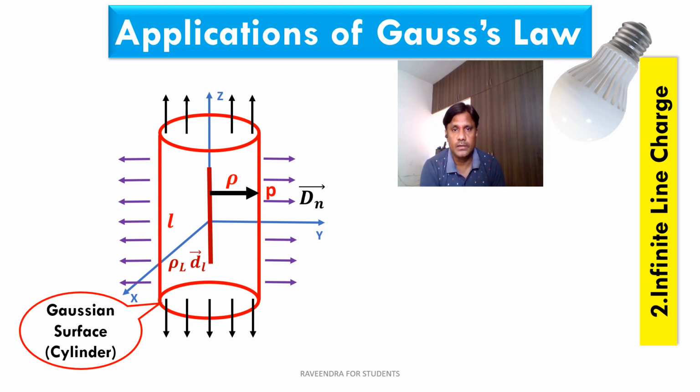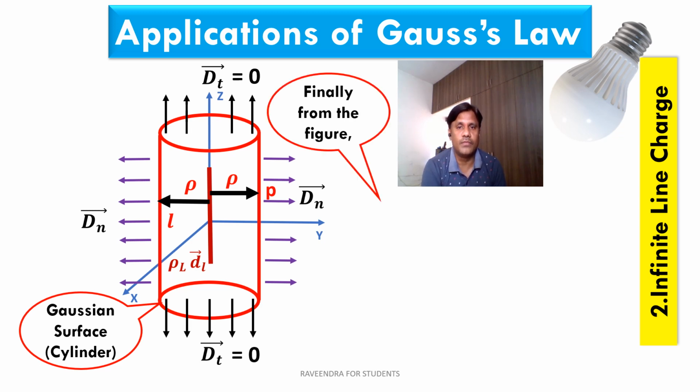It is normal for the entire rectangular portion of the cylinder, and tangential for the top and bottom faces of the cylinder, like this. On the left side also it has the same distance rho and is normal, whereas at the top it is tangential. That's why I represented it as D t bar. This D t bar will be 0 for the top as well as the bottom.